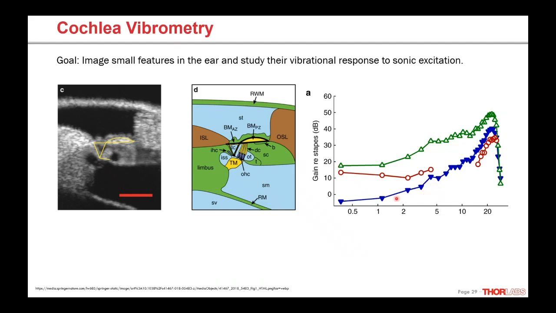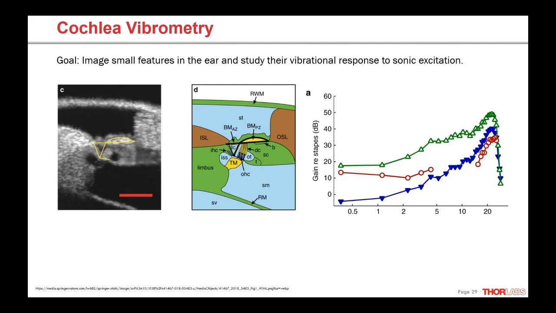So here we see the intensity of the vibration after the ear or organ of Corti is excited at different frequencies that are on the x-axis here, and different locations shown here. You can see that the different locations react differently to the excitation.